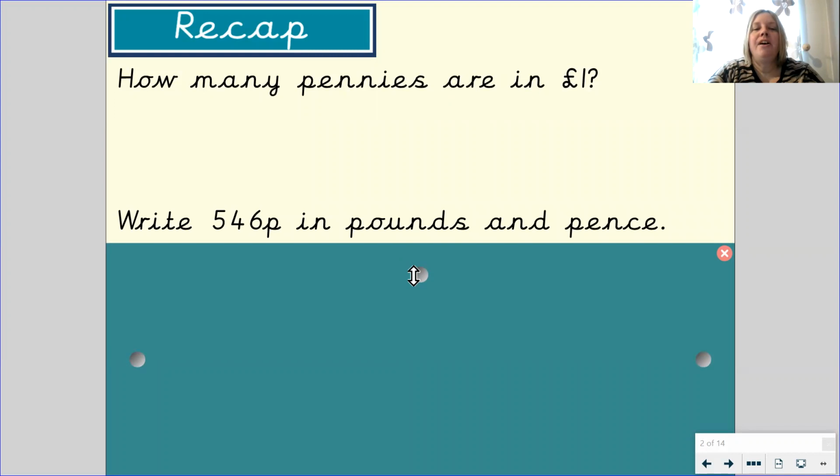So if I have got 500 pennies, I would have £5. Then I look at my tens and my ones to find out how many pence I've got.